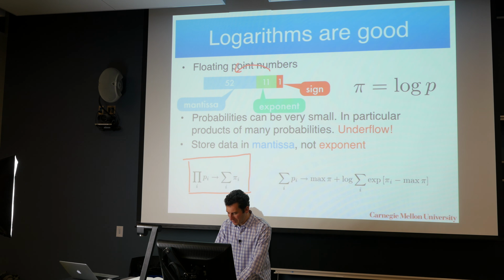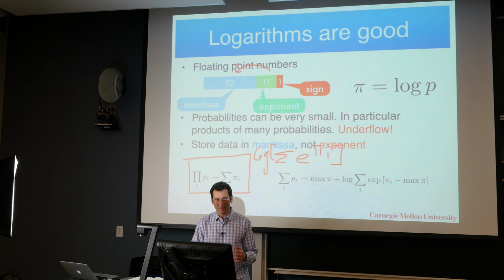Now what I would have to do is perform the sum of e to the p_i and then compute the log of this. But this is a real problem because e to the p_i can give me numerical overflow or underflow, so I'm no better off than before.